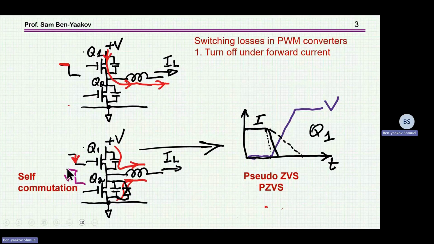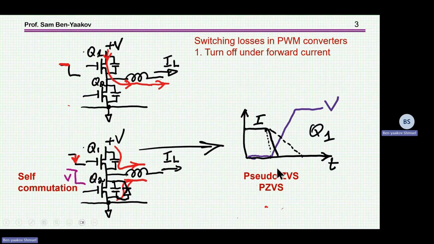And there is here a self-commutation, in that the voltage by itself is moving from the bus voltage, when the transistor was on, to a lower voltage, until it reaches ground, and then this current is passing through this diode.